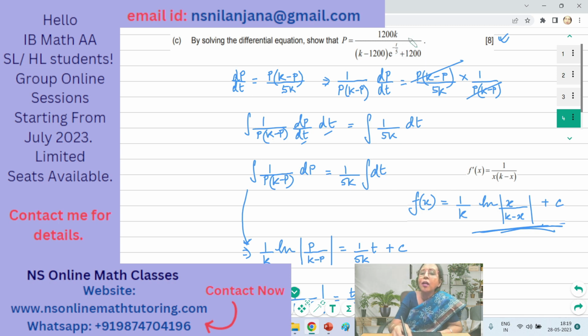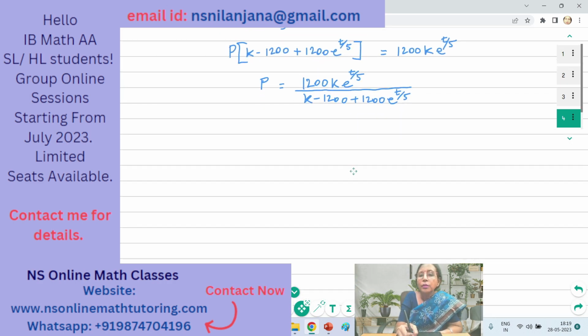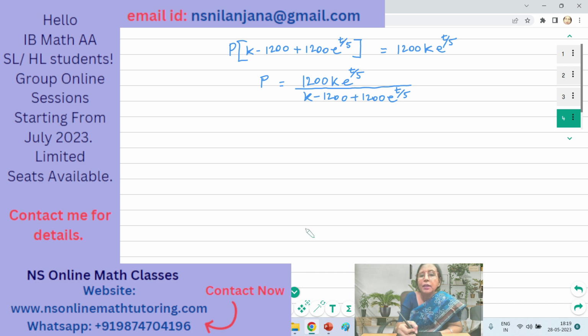But in any case, in order to get rid of e to the power of t over 5 from the numerator, we have to divide the numerator and the denominator by e to the power of t over 5. Okay, so let us do that. So we can divide the numerator and the denominator by e to the power of t over 5 to get the numerator as 1200 K.